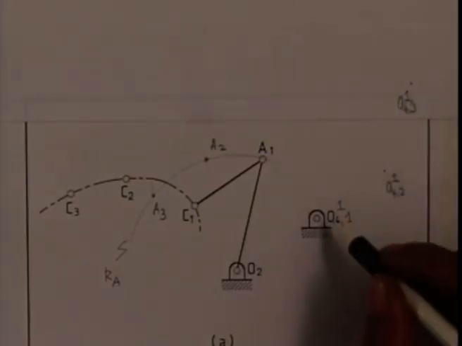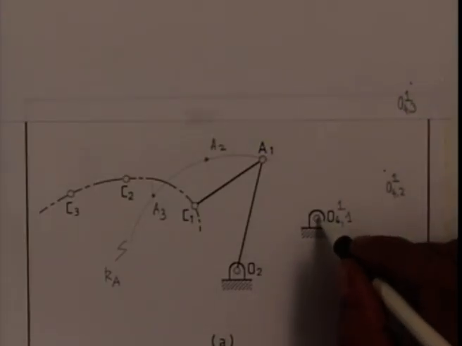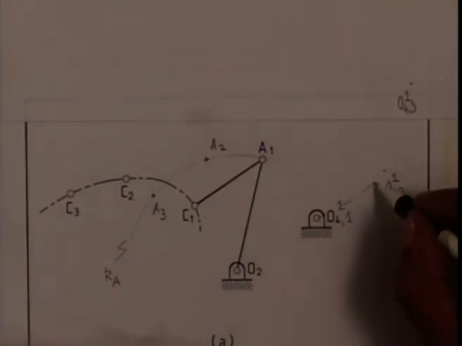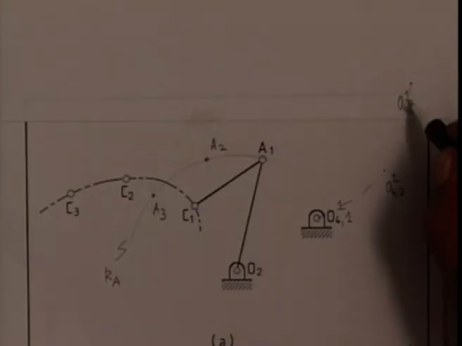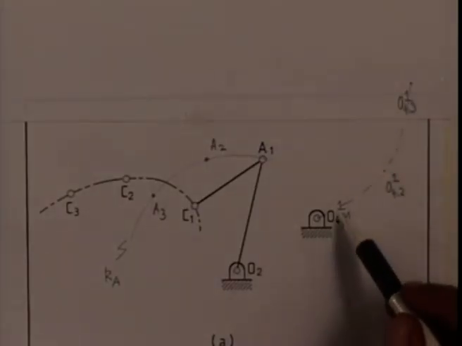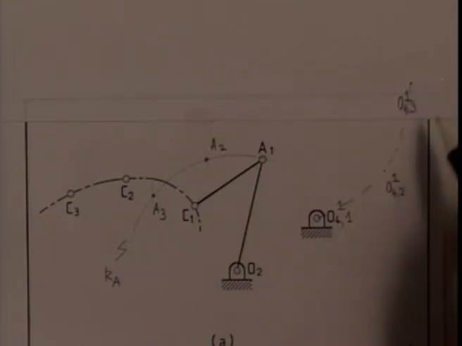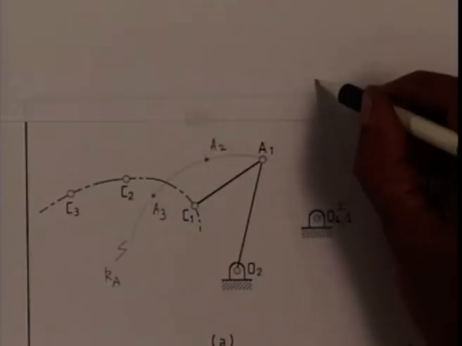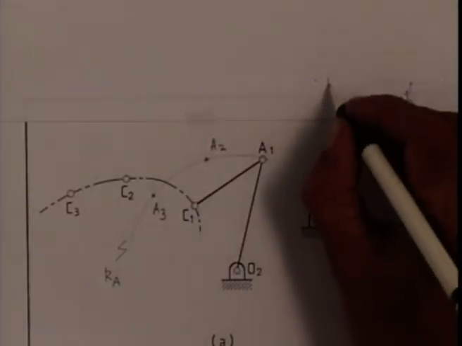So if I locate the center of the circle passing through these three positions, this is the circle which passes through these three inverted positions of O4 and the center is determined somewhere here, which I call B1.